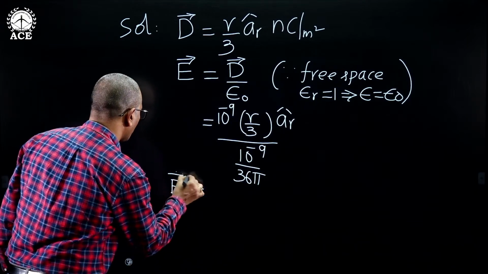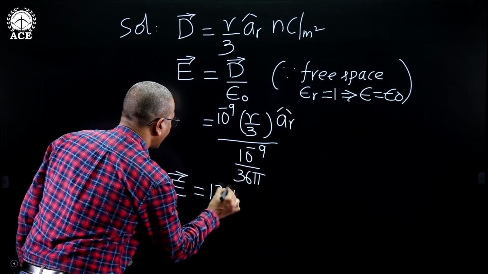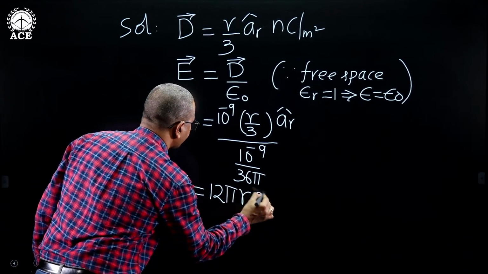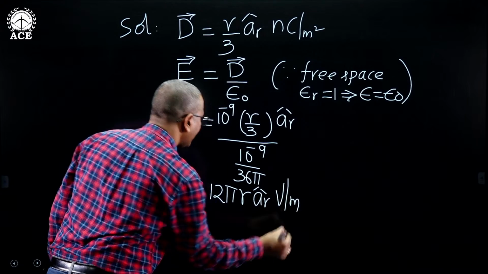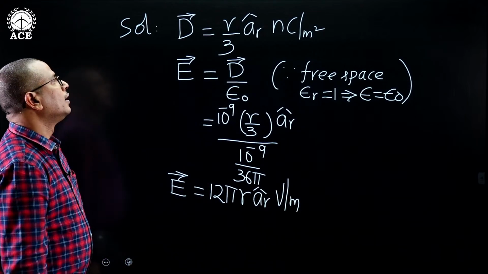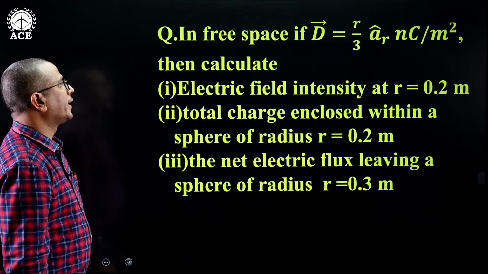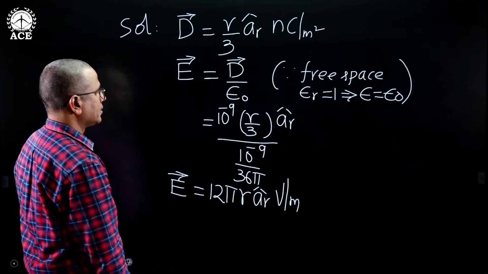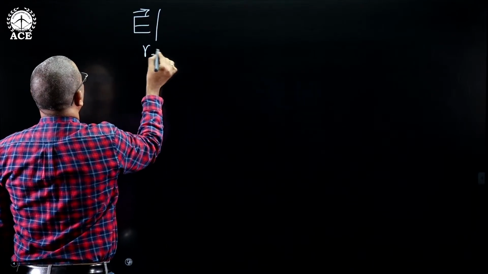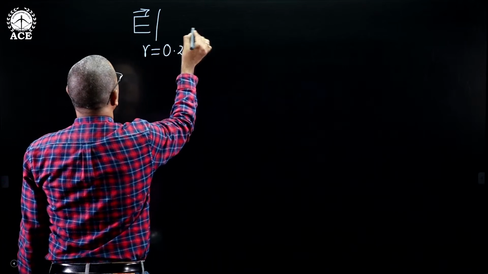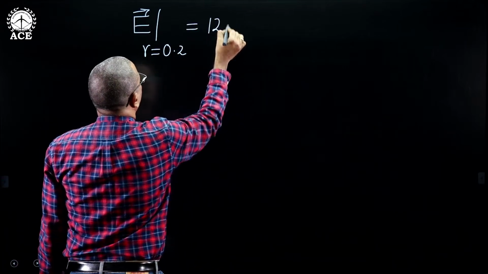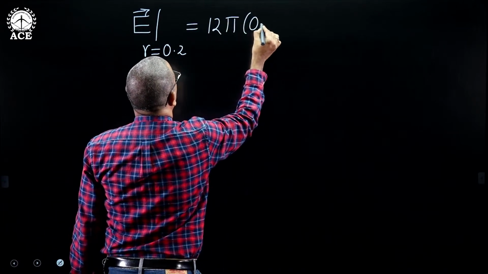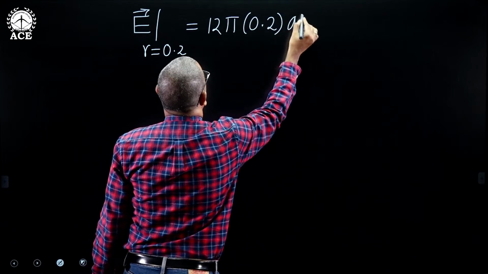Then E bar is equal to 12 pi r ar cap volt per meter. But they are asking us to find the electric field at a given point, at r equal to 0.2. I am just substituting it. Therefore, E bar at r equal to 0.2 is 12 pi into 0.2 ar cap.